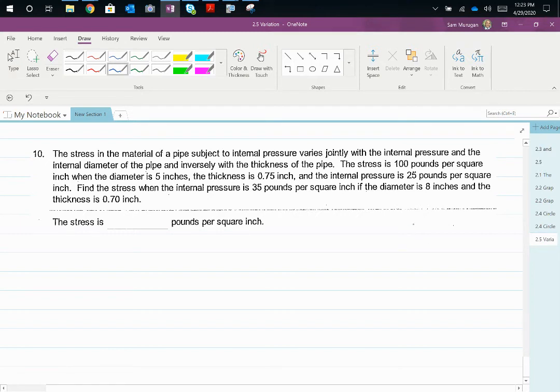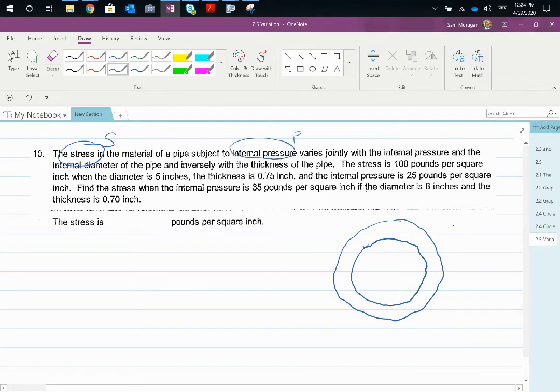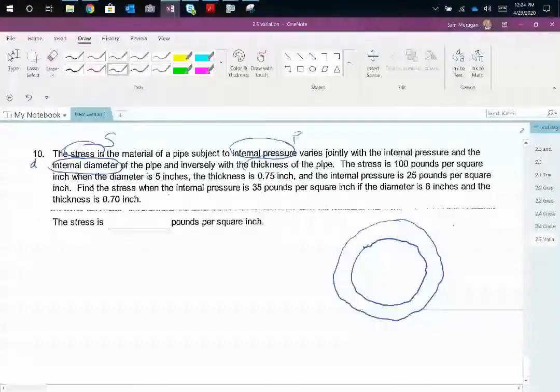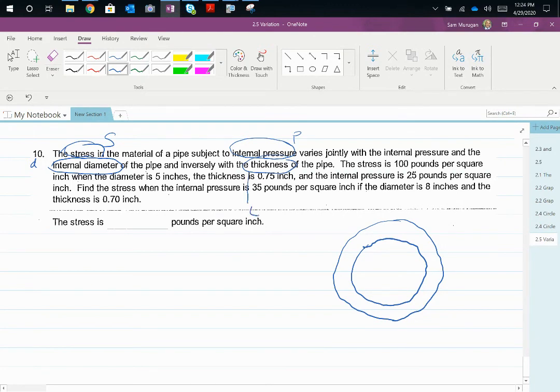So what's happening here is we have a pipe, we're looking at it from the side, carrying some kind of fluid, perhaps water. We're going to call stress S. Internal pressure, we're going to denote it by P. Internal diameter, we're going to use D. And thickness, we're going to use T.